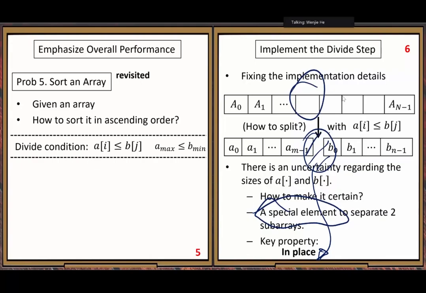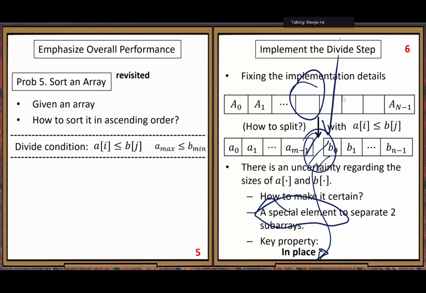Then this element must be in place. It cannot move to the left, and it cannot move to the right. If you move it out of place, something must be wrong, right?